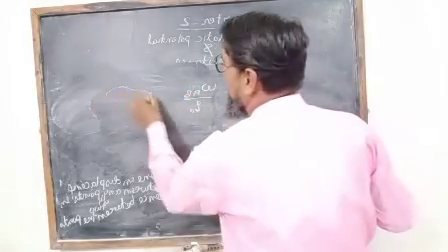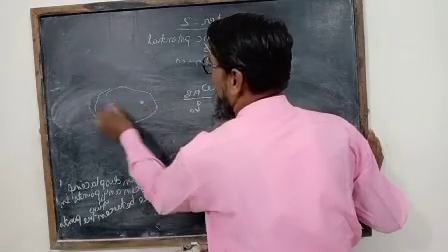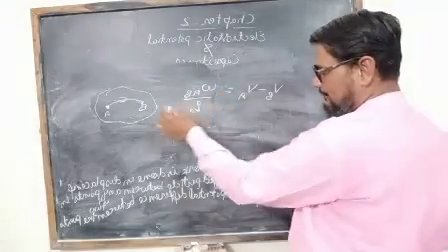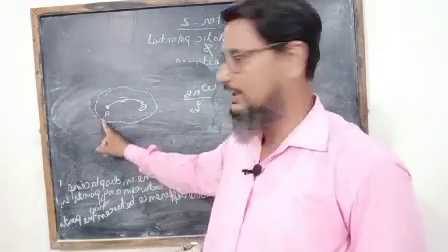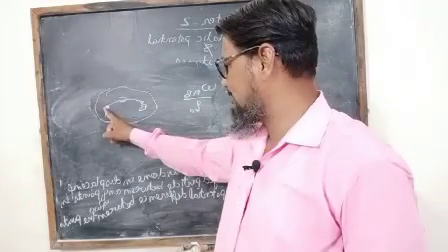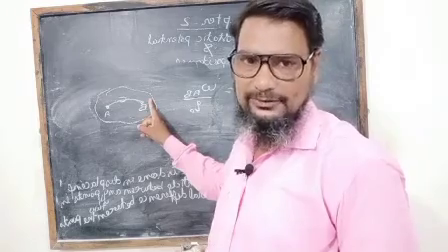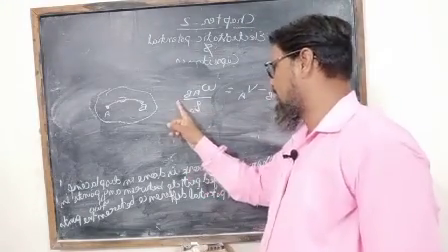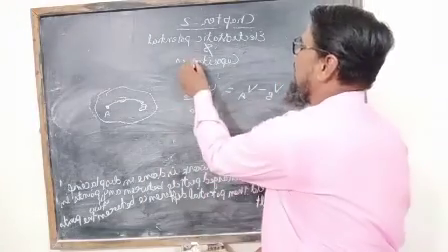If a Q0 charge particle is displaced from A to B, then VB minus VA, the potential at the B point minus the potential at the A point, is equal to the work done in displacing the charge particle from A to B against electrostatic force, and is called the electric potential difference.